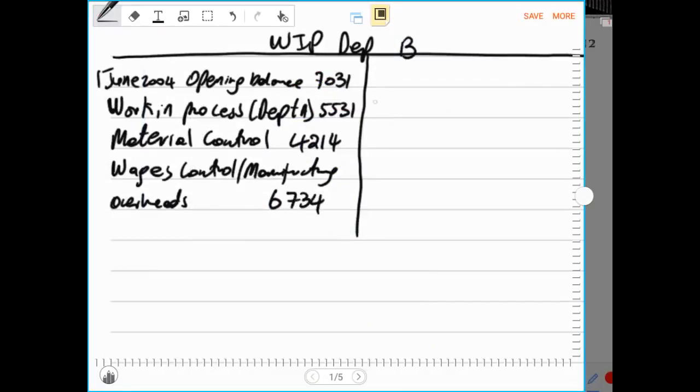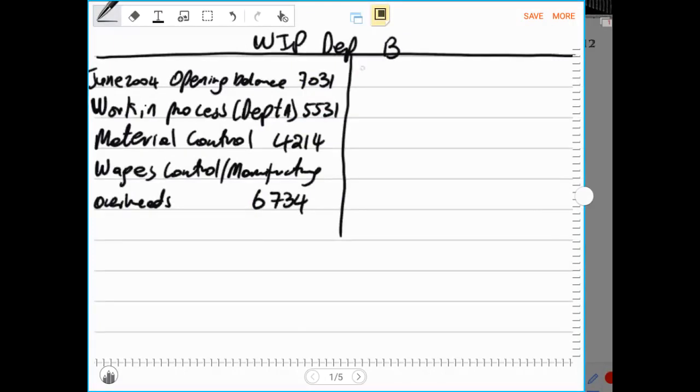Then we record finished goods on the credit side. Then, if there is abnormal loss, don't forget abnormal loss.